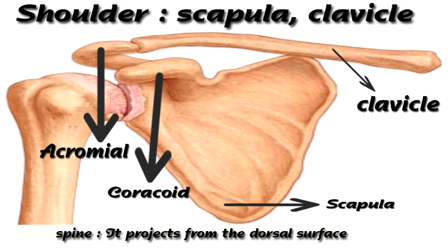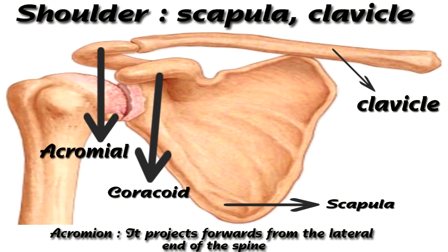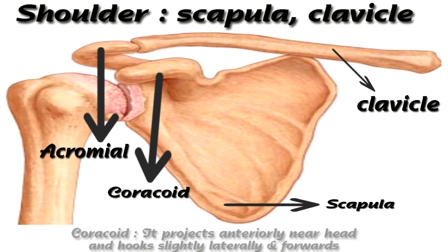The spine projects from the dorsal surface. Acromion projects forward from the lateral end of the spine. The coracoid process projects anteriorly near the head and hooks slightly laterally forward.